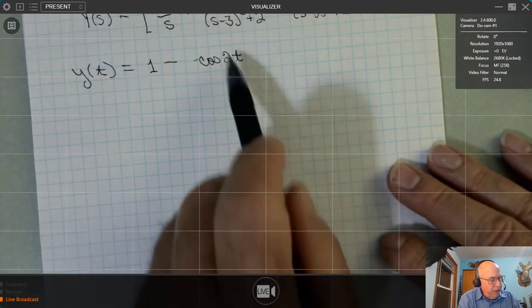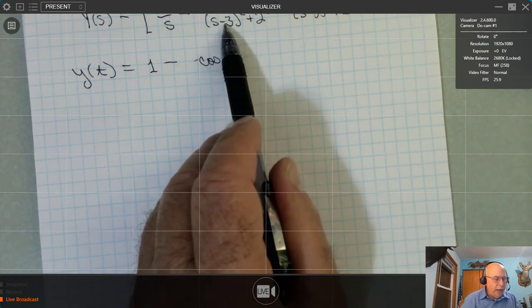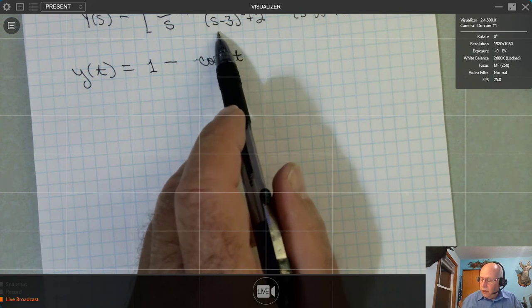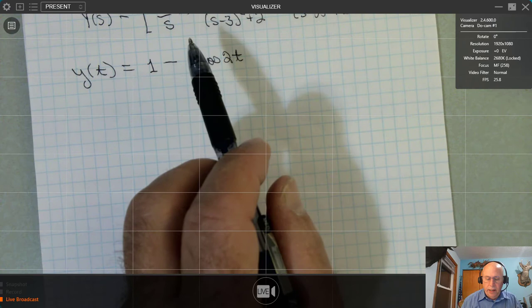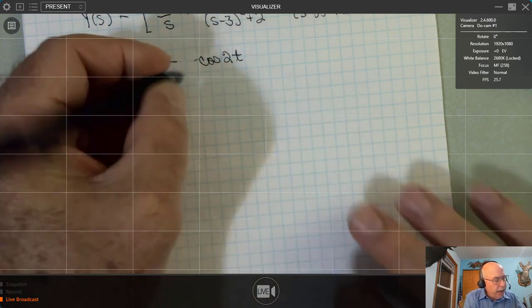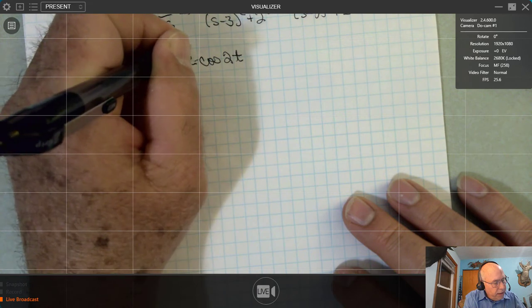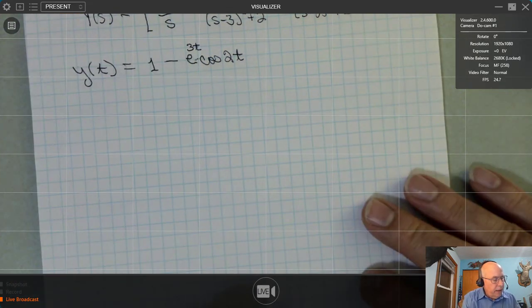But we've shifted on the s-axis by 3 units to the right. So we need to multiply by an exponential on the t-axis of e to the 3t.